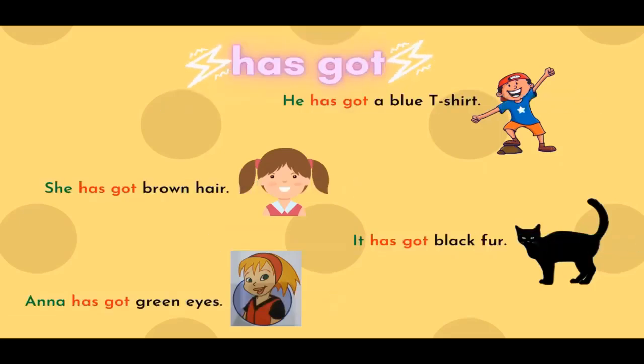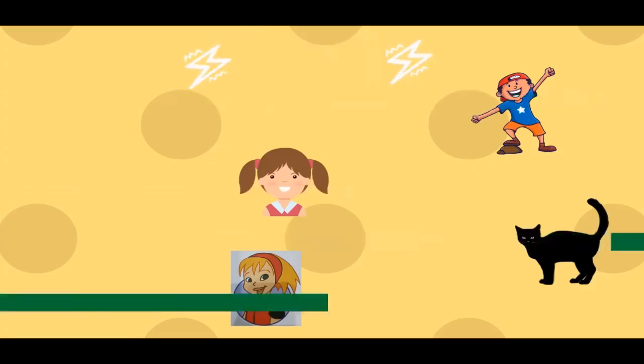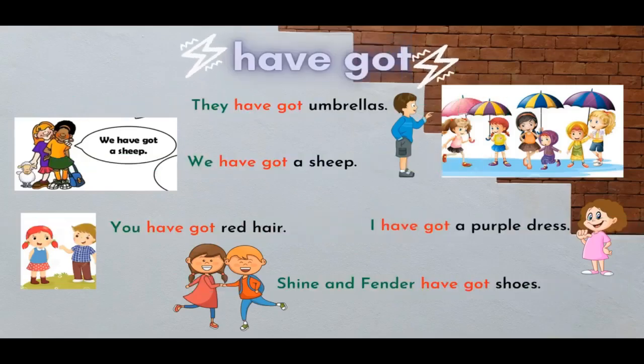These are examples of sentences using has got. He has got a blue t-shirt. She has got brown hair. It has got black fur. Anna has got green eyes. These are examples of have got.